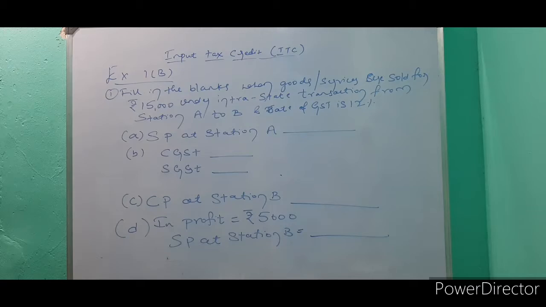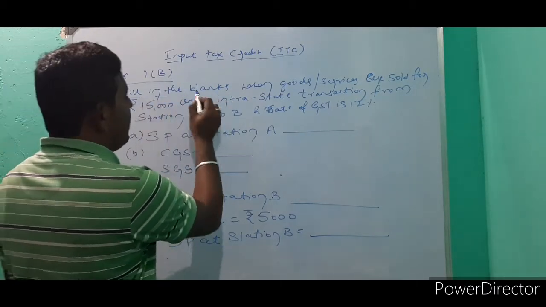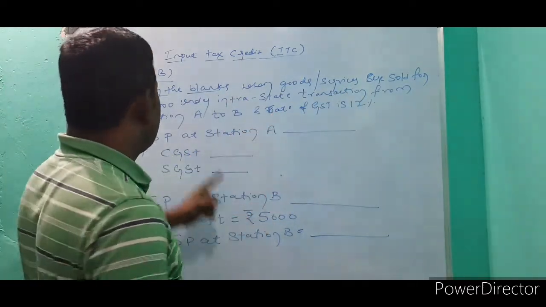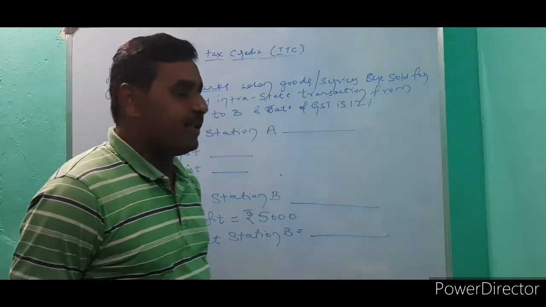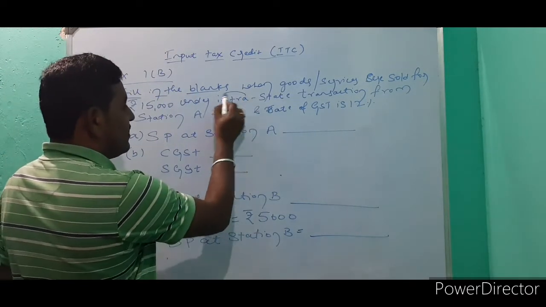Now, exercise 1B, fill in the blanks. When goods or services are sold for rupees 15,000 under intrastate, look at this.